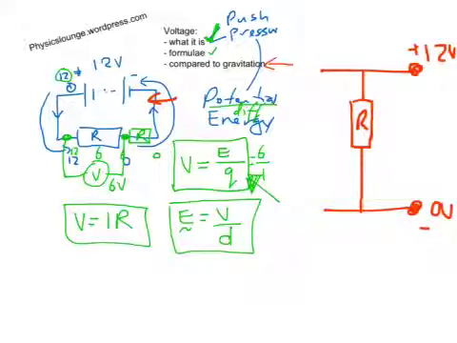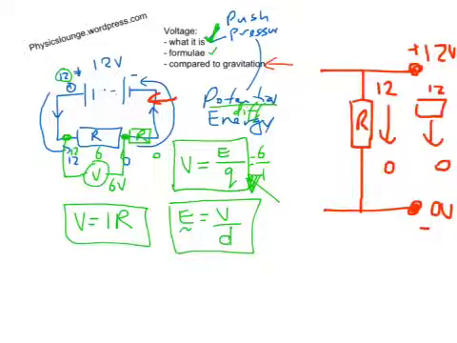In comparison to gravity and gravitational potential energy, if you have a brick and you drop it down, it loses gravitational potential energy. So you might talk about it having 12 joules of gravitational potential energy at the top and 0 joules at the bottom. In our circuit we've got 12 joules per charge of electric potential energy, and then at the bottom we've got 0.